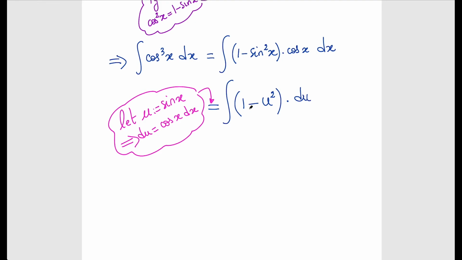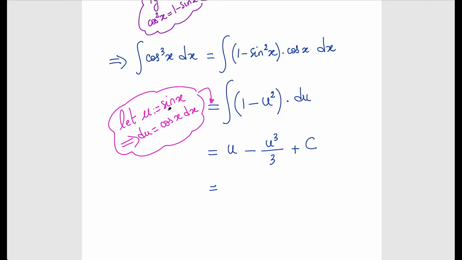Now you're integrating a polynomial, so that's easy. This is equal to the primitive of 1 du, which is u, minus the primitive of u squared du, which is u cubed over 3, plus a constant of integration. Remember what u is, we need to give the answer in terms of x because the integral is in terms of x.